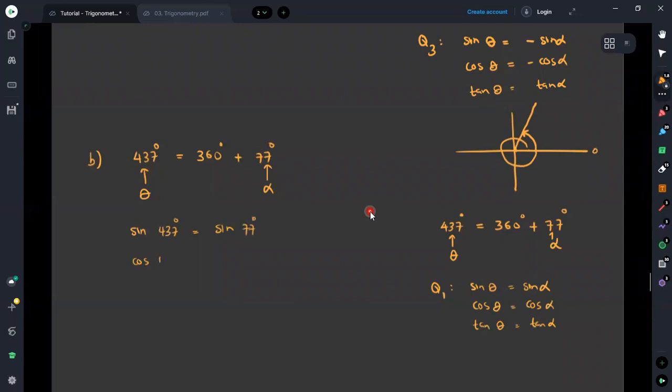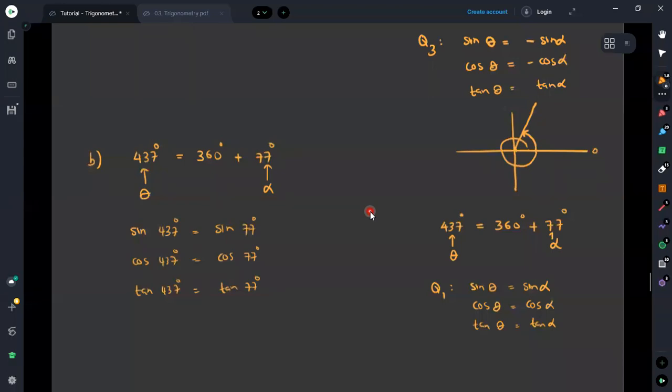Then cosine 437 is equal to cosine 77, and tangent 437 is equal to tangent 77. Therefore, these are the associate acute angles in terms of sine, cosine, and tangent of the angle 437 degrees.